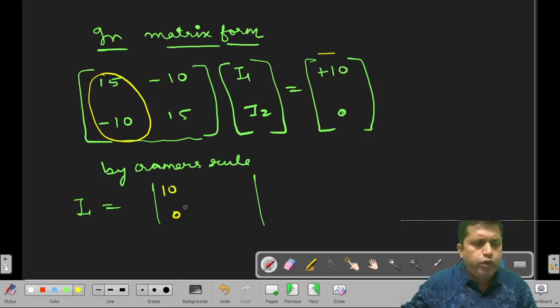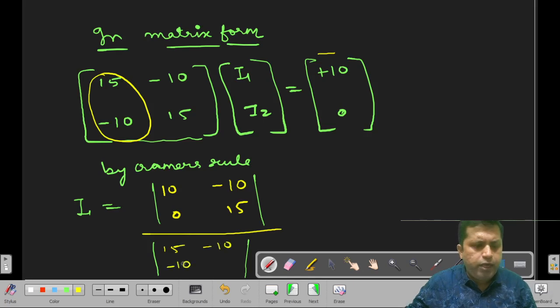So 10 0, minus 10 15, divided by the matrix, which is 15 minus 10, minus 10 15.